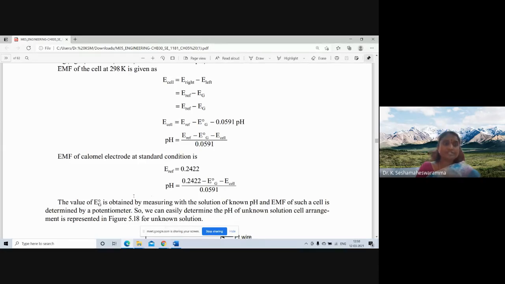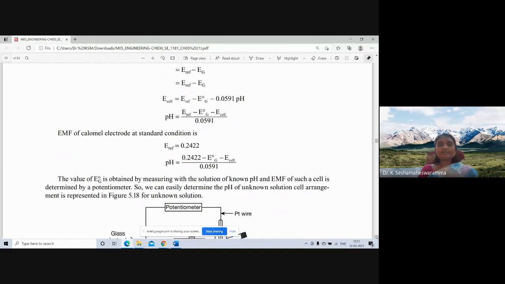The value of E0 is obtained by measuring with a solution of known pH, and the EMF of such a cell is determined by a potentiometer. Using a known pH solution, we can get the glass electrode value, and finally the cell arrangement. So we can easily determine the pH of an unknown solution.